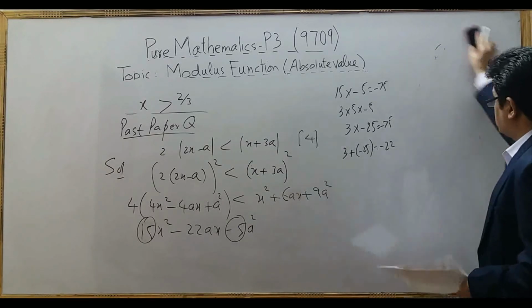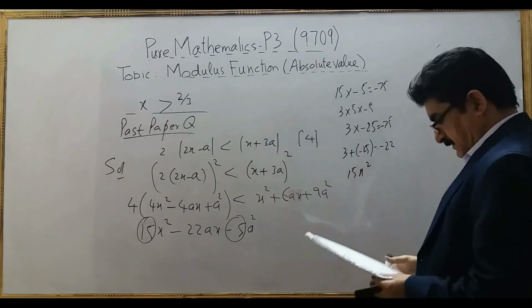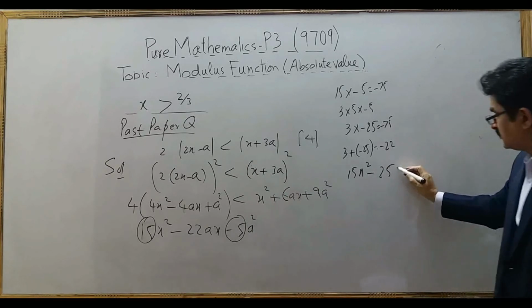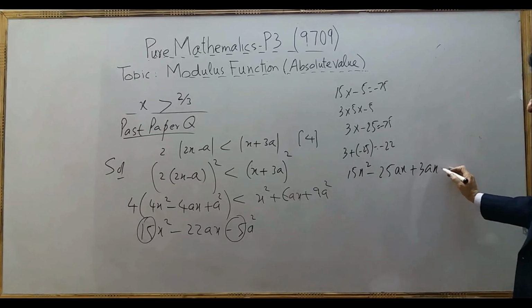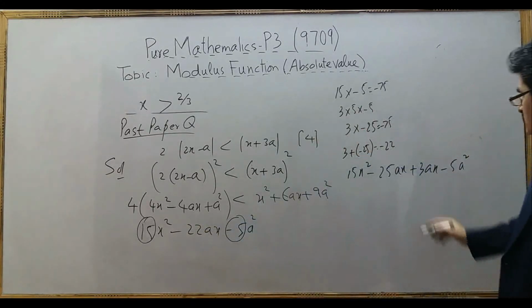Now factorizing, you will get 15x square minus 25ax plus 3ax minus 5a square. So middle term breaking method.